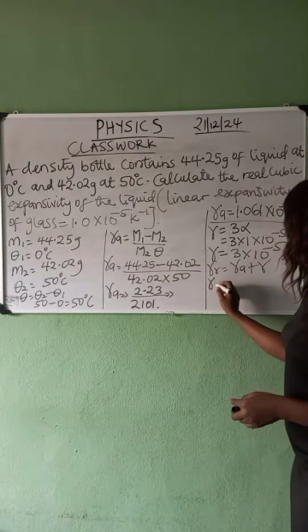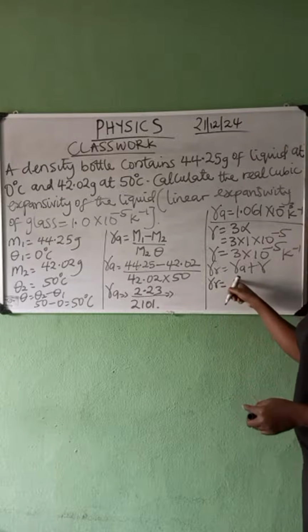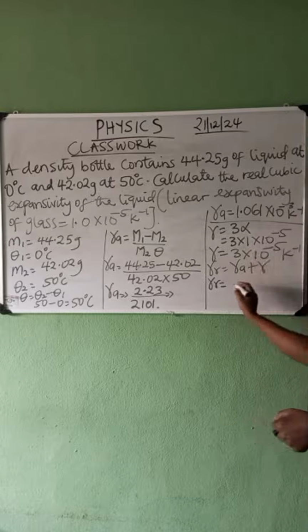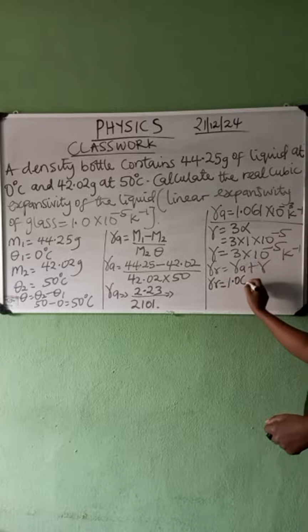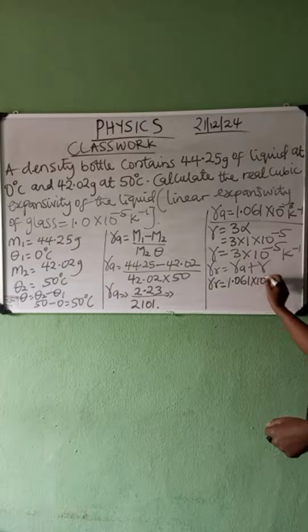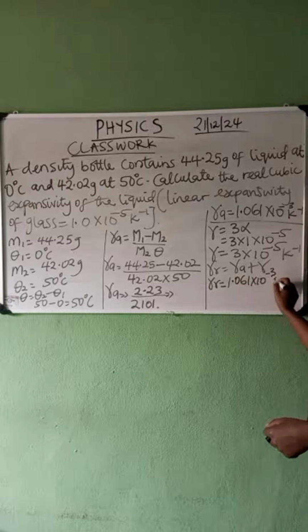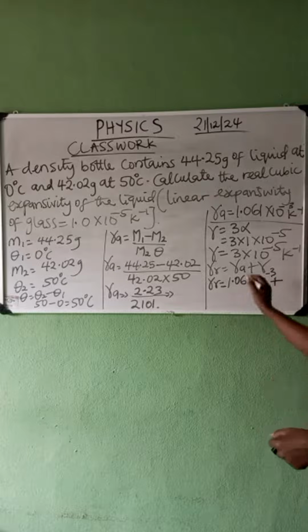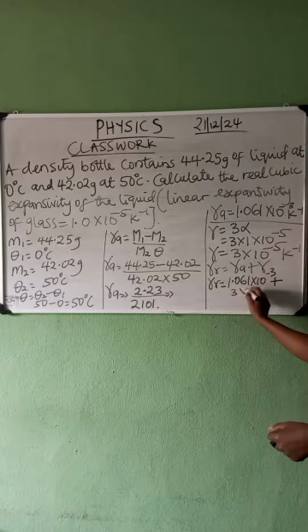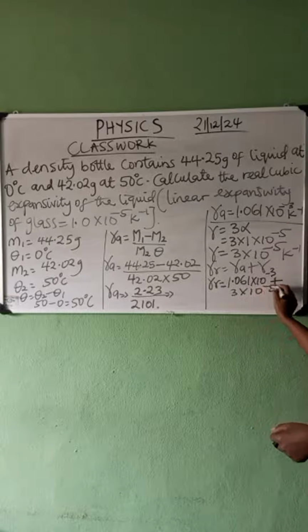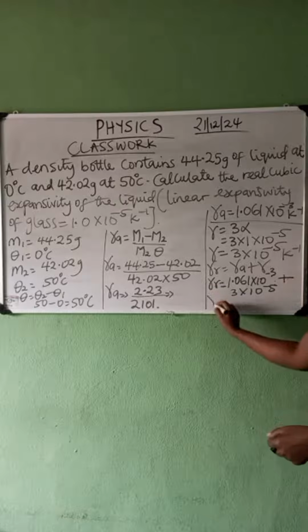Now, gamma R is equal to gamma A, giving us 1.061 times 10 to the power minus 3, plus 3 times 10 to the power minus 5. Okay?